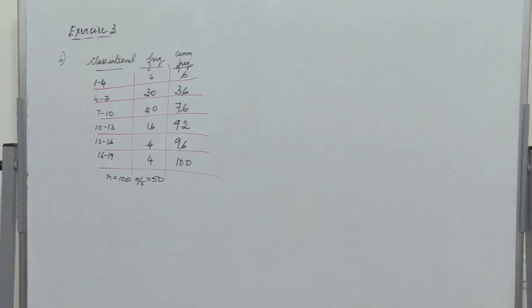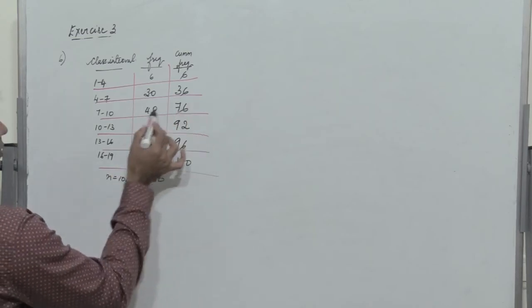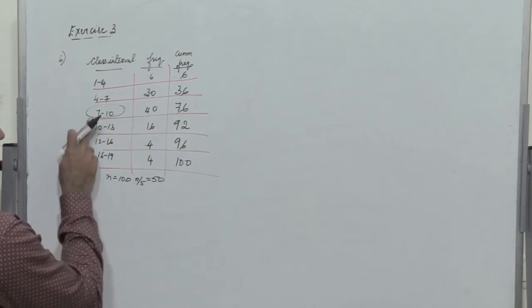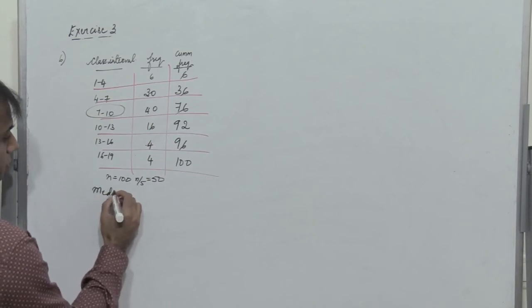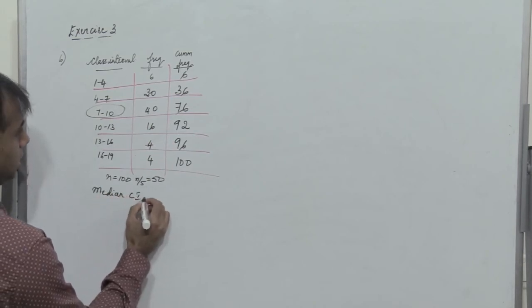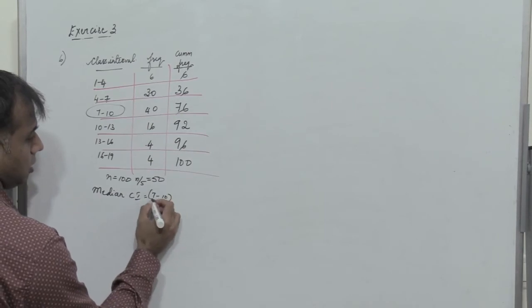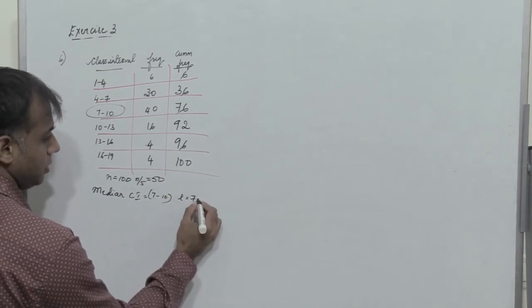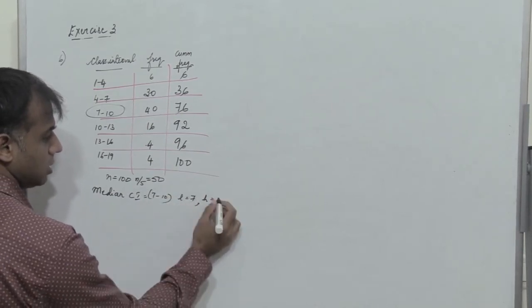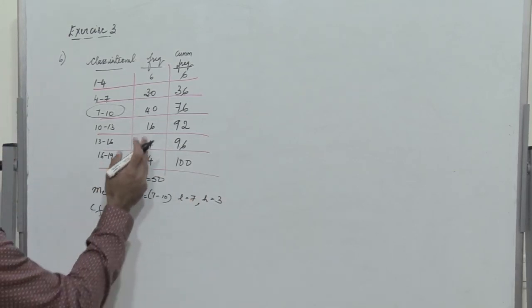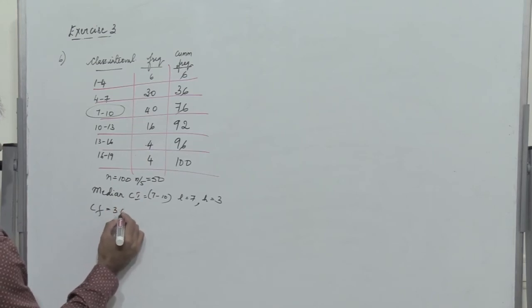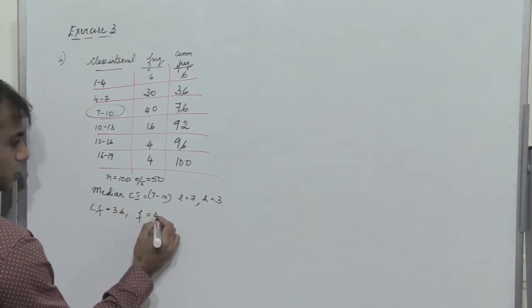So I find that 50 definitely lies in the class interval 7 to 10. Okay, so therefore the median class interval is 7 to 10. So therefore L is 7, H is 10 minus 7 is 3, CF is the cumulative frequency of the preceding class, which is 36, and F is 40.